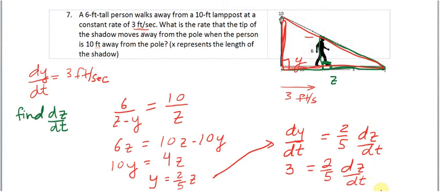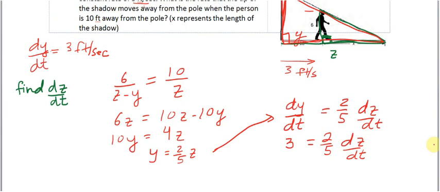Multiply both sides by that reciprocal, and we end up with 15/2 is equal to dz/dt. 15/2, 7.5, however you want to write it is perfectly fine.